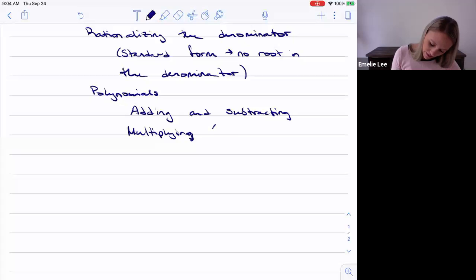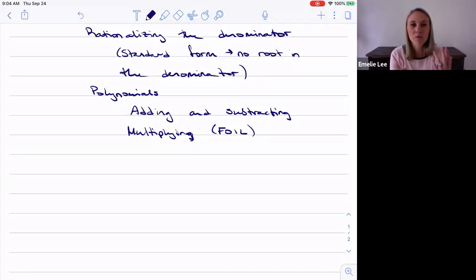Multiplying, if we have 2 binomials, so 2 polynomials with only 2 terms each, then we use FOIL, but in general we have to distribute each of the terms across both the polynomials.